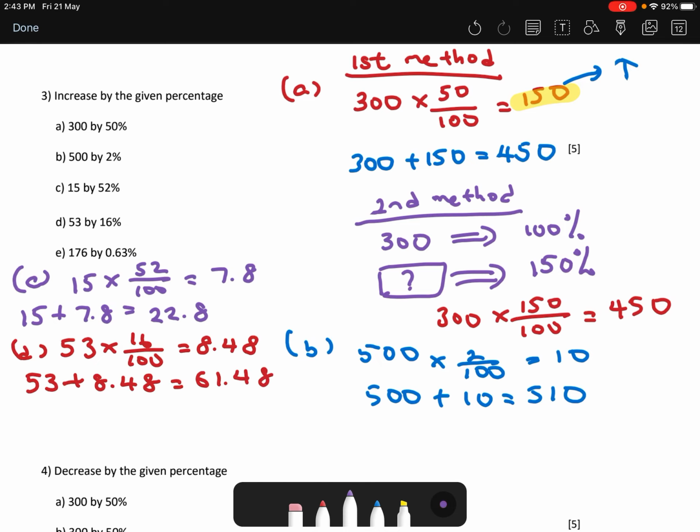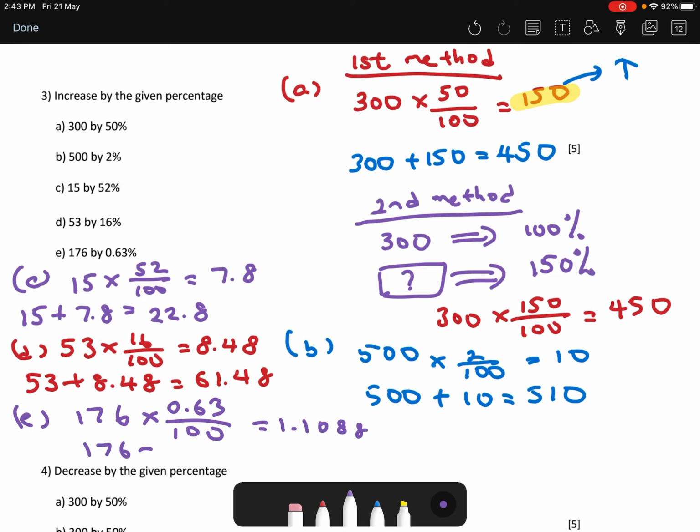Okay, last but not least will be 176. I increased by about 0.63%. So 176, I increased by 0.63 over 100. So we should get about 1.1088.